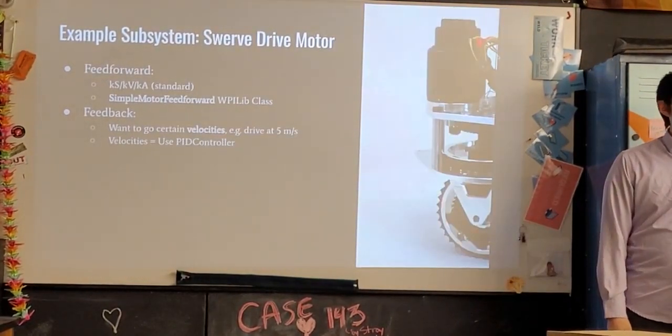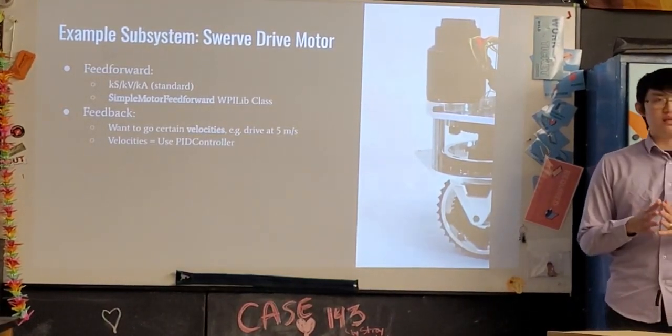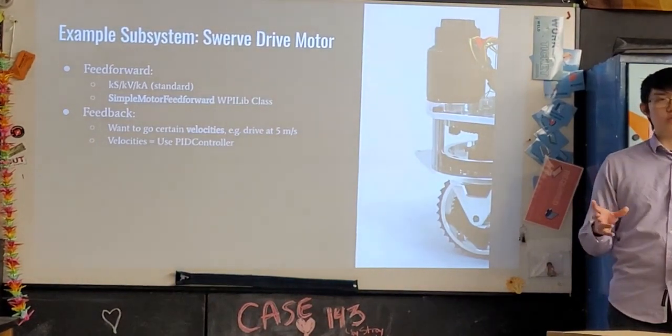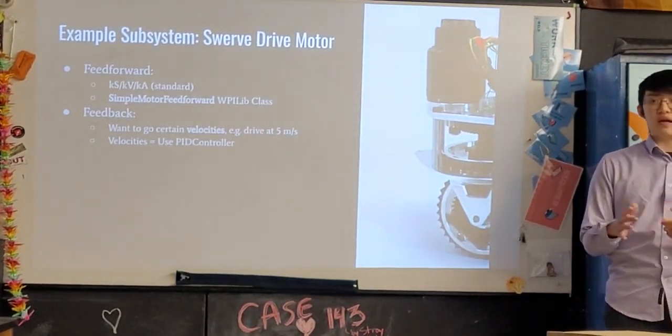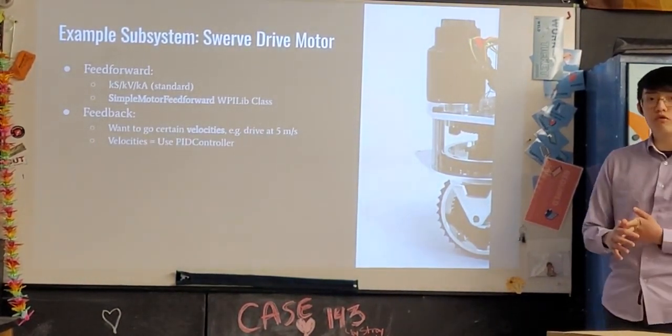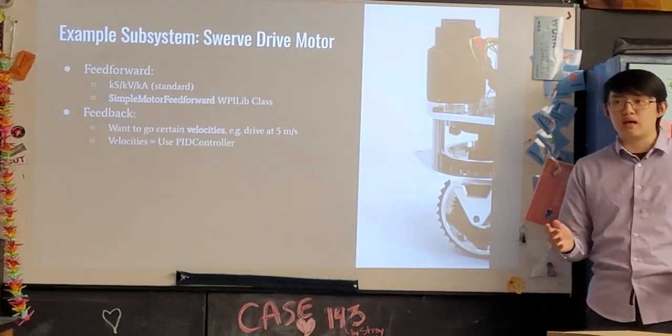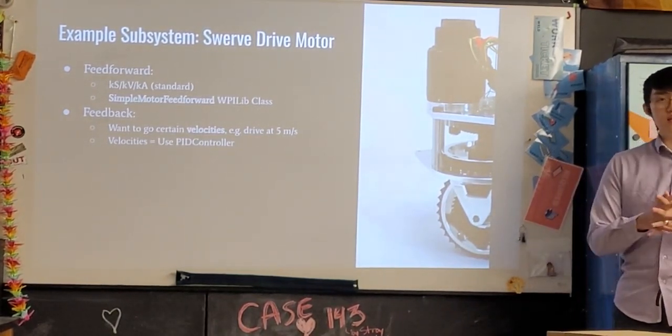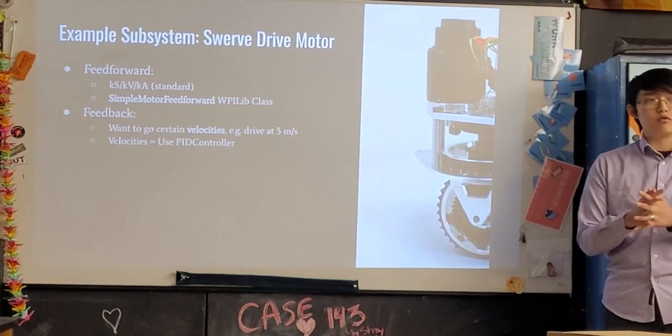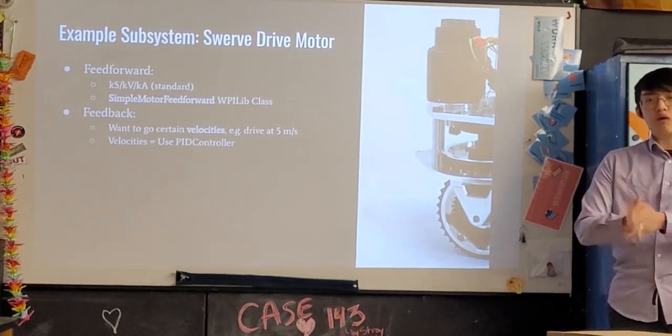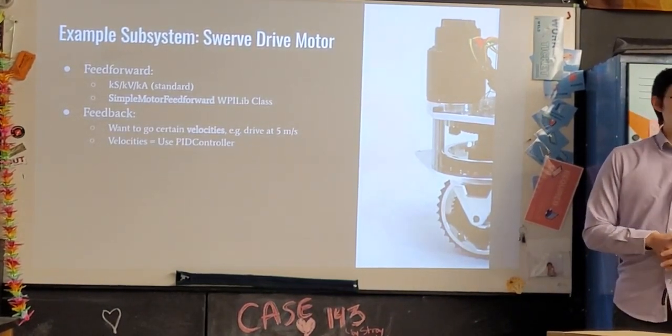Okay. Swerve drive motor. Remember, a swerve drive module has 2 parts, the drive motor and the turn motor. This is the drive motor, which is just movement and velocity. This is the drive motor saying start driving at 2 meters per second.